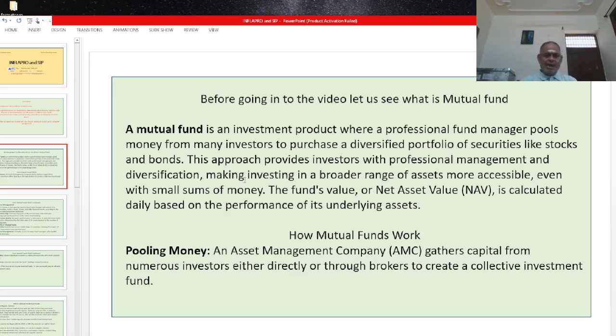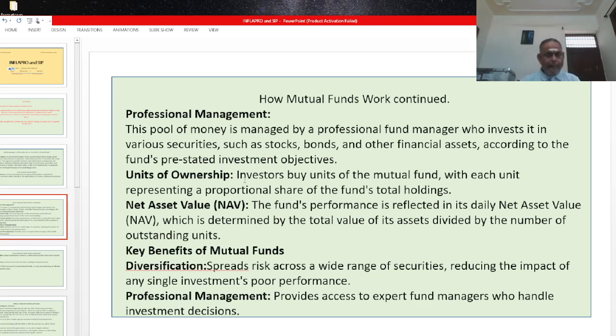Pooling money. An asset management company, AMC, gathers capital from numerous investors, either directly or through brokers, to create a collective investment fund. Professional management. This pool of money is managed by a professional fund manager who invests it in the various securities such as stocks, bonds and other financial assets according to the fund's pre-stated investment objectives.